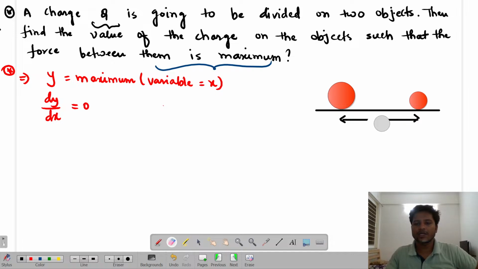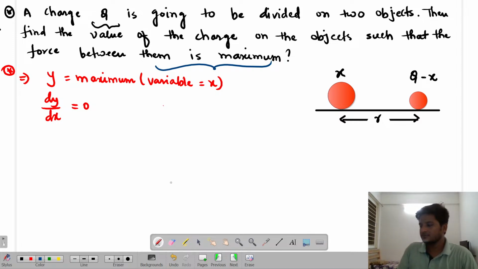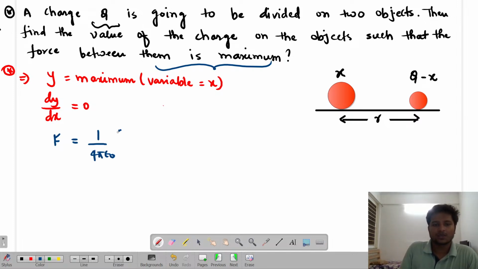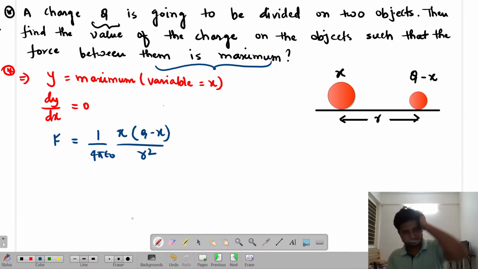Now, let's suppose the charge on this one is x, so the charge on the other will be q minus x. Then the Coulomb force between them will be k, 1 by 4 pi epsilon naught, x into q minus x, divided by r square. This is going to be my force formula.